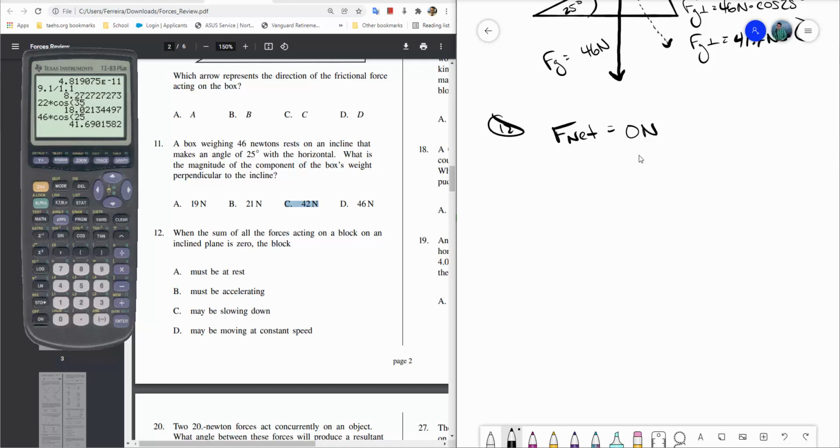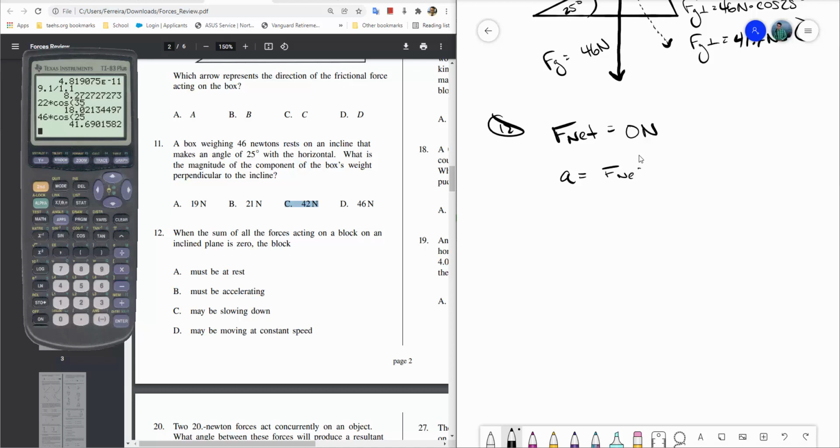The perpendicular forces in both directions are equal and cancel. The parallel forces in both directions are equal and cancel. Everything cancels. That means the object could be at rest, sure. Must be accelerating is absolutely incorrect, because if it's accelerating, that means there's an unbalanced force.